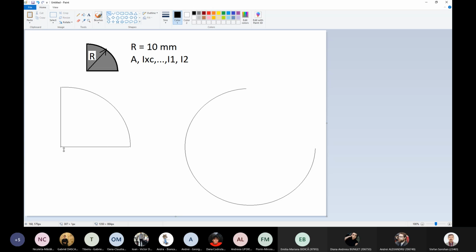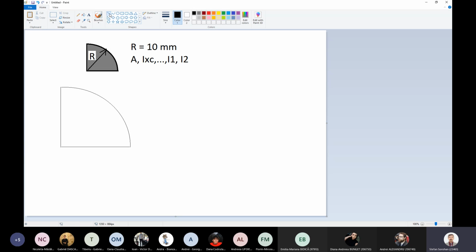If I want to use the code, I must make a mesh. How? It's arbitrary. The simplest one is to split this into only two triangles.